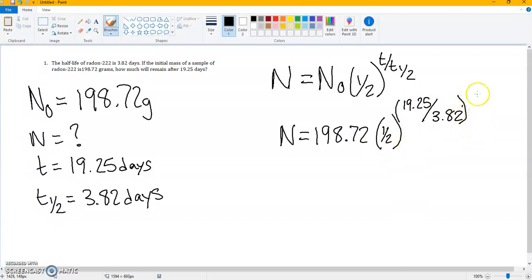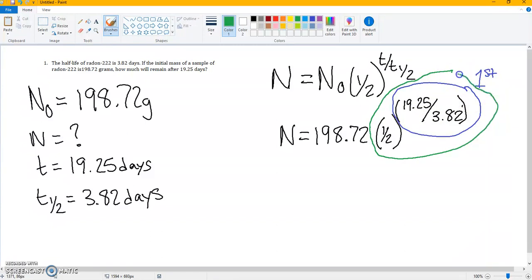Now, the most important part of this is order of operations. So the first thing you need to do is take T and T half and divide it. The next thing, you take that answer and you raise 1/2 to that answer.